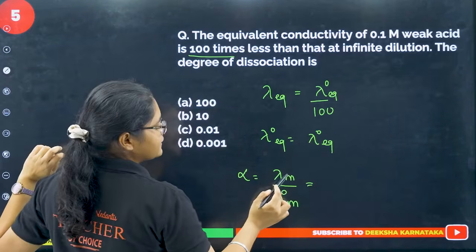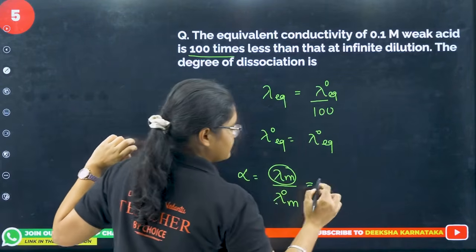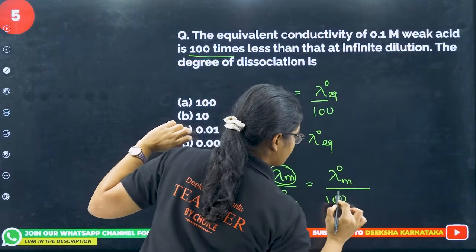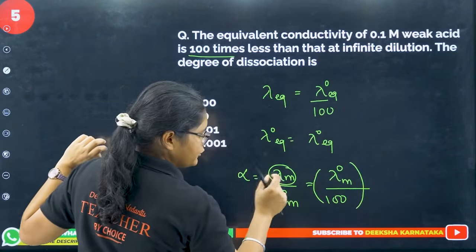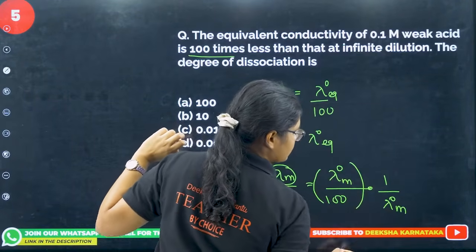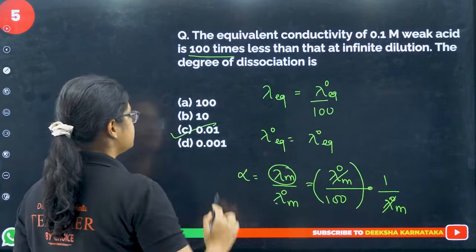Now here they are saying that this value is 1000 times less than this value. So can I put it like this: lambda naught m by 1000, this is this value, and then again I have divided by lambda naught m, right? This one and this one I can cancel, so I will have 0.001, which is option number C here.